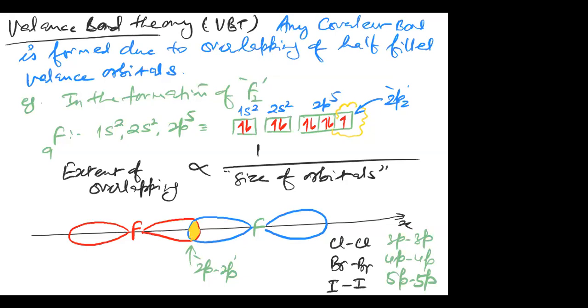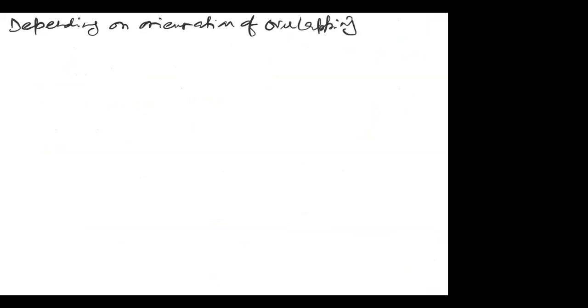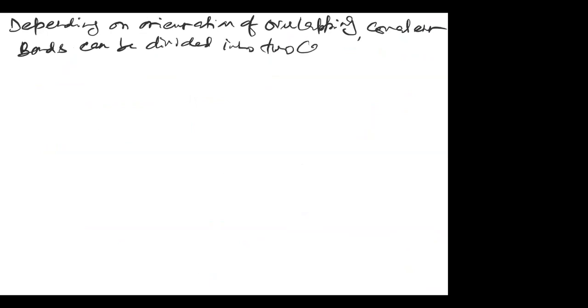Now, depending on the orientation of overlapping, covalent bond can be divided into two categories.